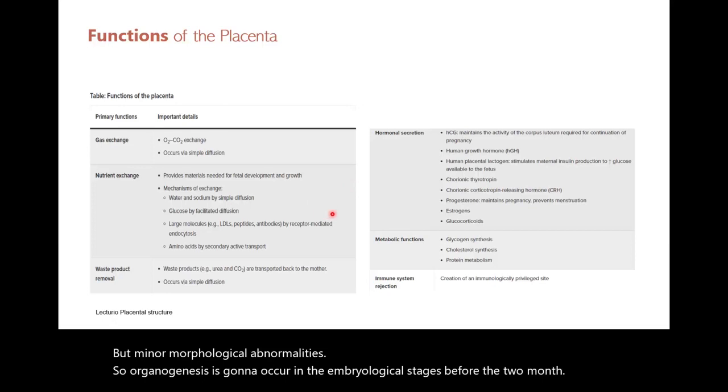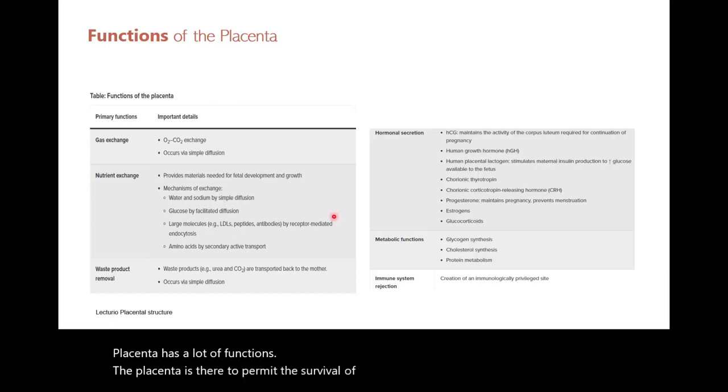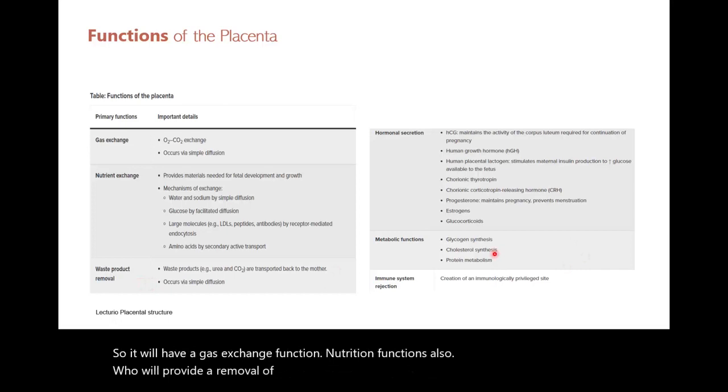The placenta has a lot of functions. The placenta is there to permit the survival of the baby. So it will have a gas exchange function and nutrition functions. Also, it will provide removal of waste.